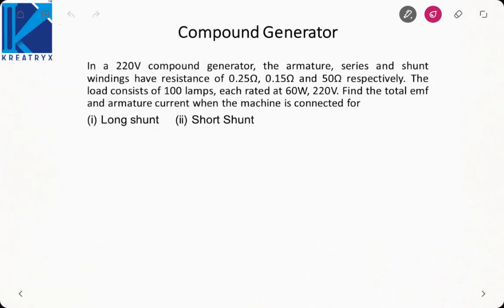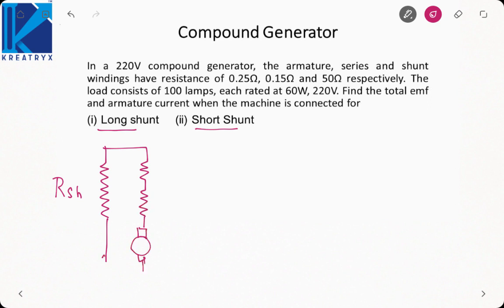Next category, let us look at a compound generator. So a compound generator has basically two configurations. One is long shunt, one is short shunt. Since the first problem is about long shunt, let me show you the equivalent circuit. It is like this. R shunt, first the series winding is connected in series with the armature, and then we connect the shunt.